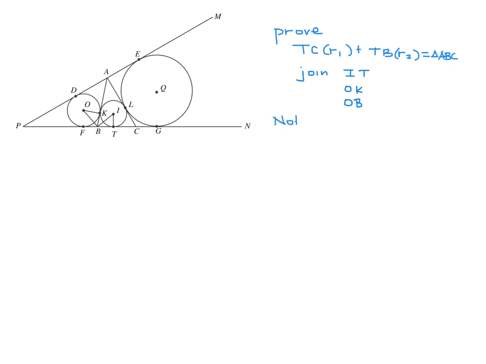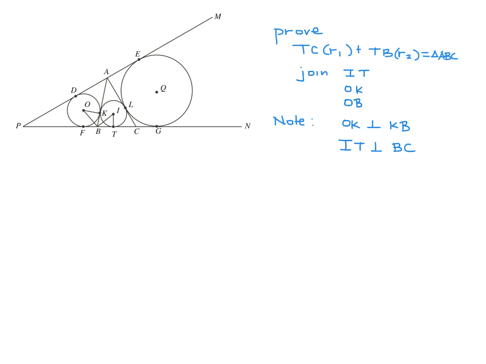Note that OK is perpendicular to KB, right? Because K is a tangent point, so of course it's going to be 90 degrees right there. And then also by the same principle, IT is perpendicular to BC, because IT is also going to create a 90-degree angle with BT, because T is a tangent point.